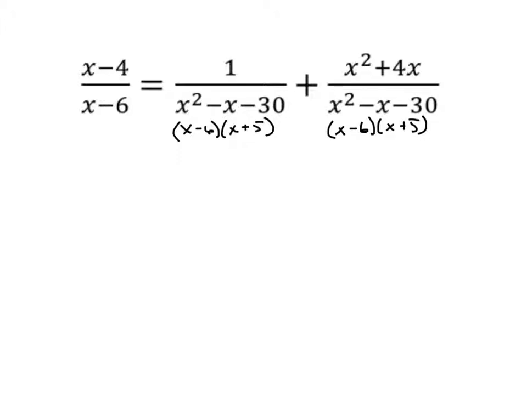I don't need to factor the numerator at all. All I need to worry about is my denominator, and the parts of my denominator are x minus 6 and x plus 5. So that's what I'm going to multiply by.